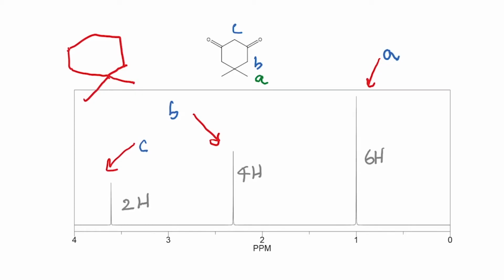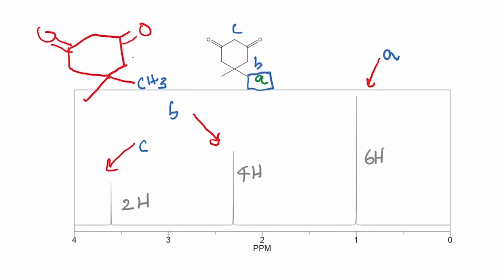There is a cyclohexane ring and this is a ketone. Let's start with this hydrogen. This is a CH3, which I'm labeling as A, and this CH3 is identical to it because you have a plane of symmetry in the molecule. Therefore A would be one kind of signal that you would expect.